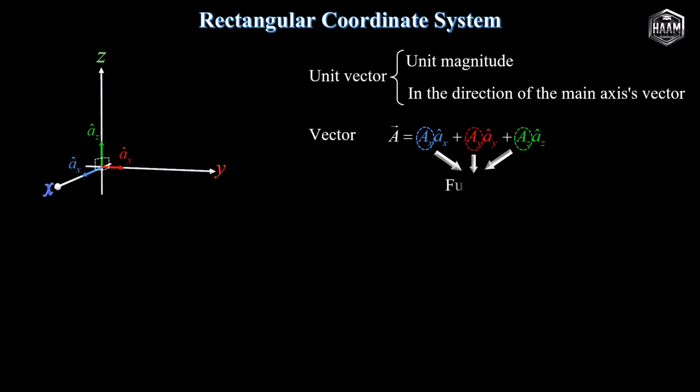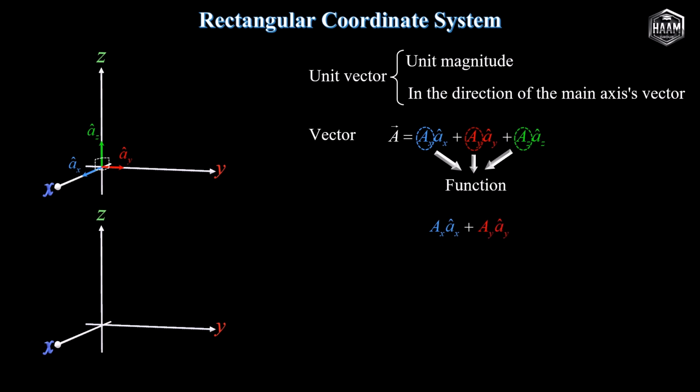Now, suppose that we want to draw a vector in this system, and for simplicity, let us assume that a sub x, a sub y, and a sub z are numbers.